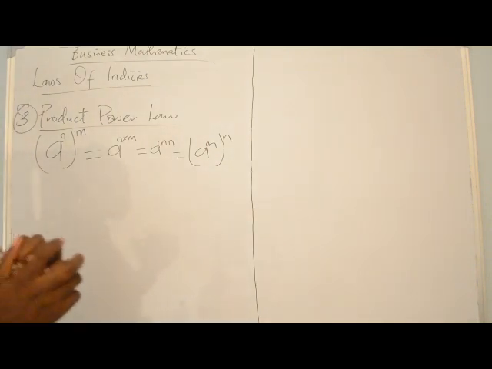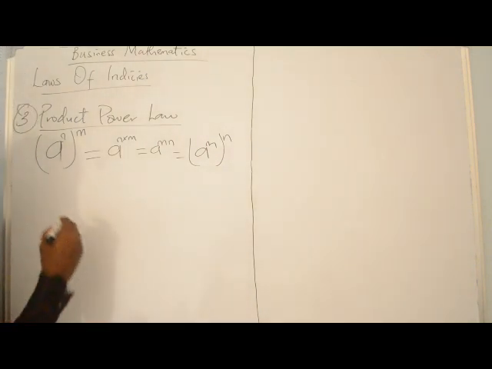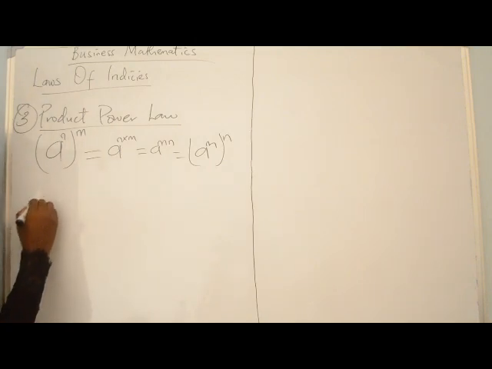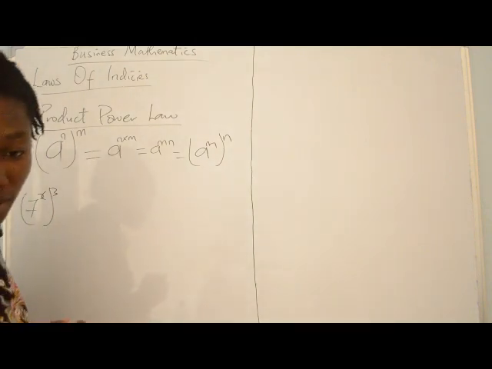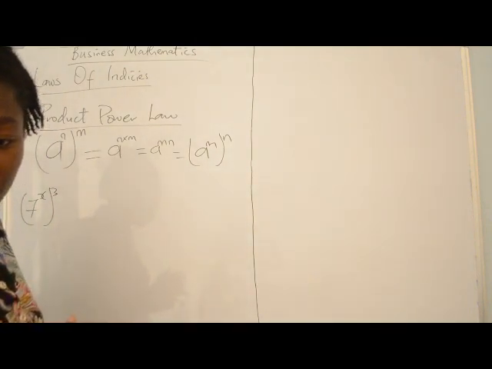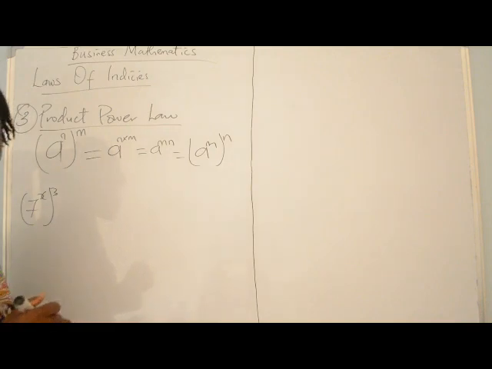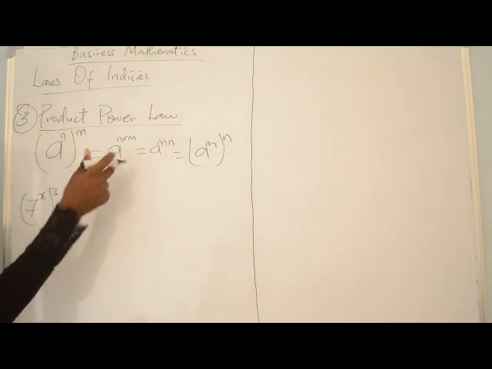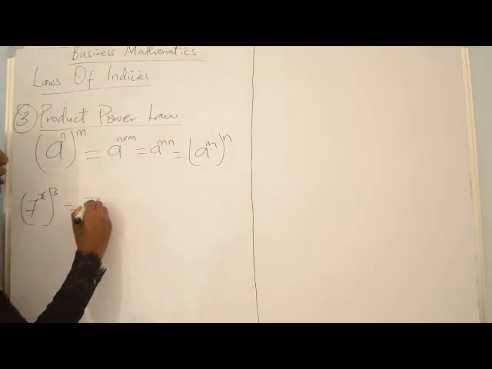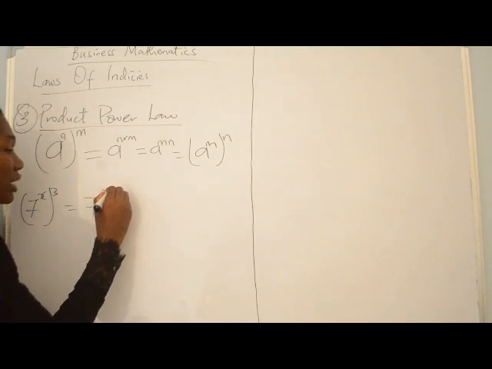For example, we have 7 raised to power x, all raised to power 3, and we are asked to simplify this. Now, like we just did here, this is simply 7 raised to power 3 times x.